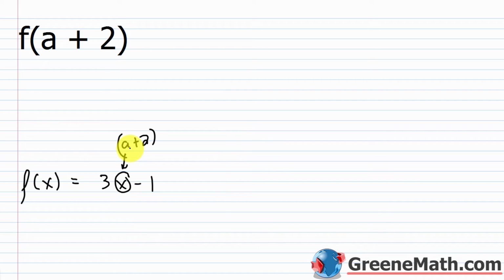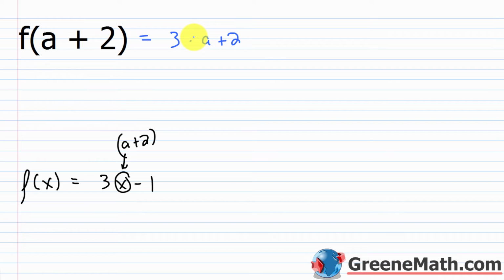Use parentheses because it's going to stop you from making mistakes. Just use parentheses whenever you substitute things in. Okay? It'll stop you from making silly errors. So I would have 3 times the quantity a plus 2. Because remember, 3 is multiplied by x. X now represents this quantity. So unless I use my distributive property, I'm not going to get the right answer.